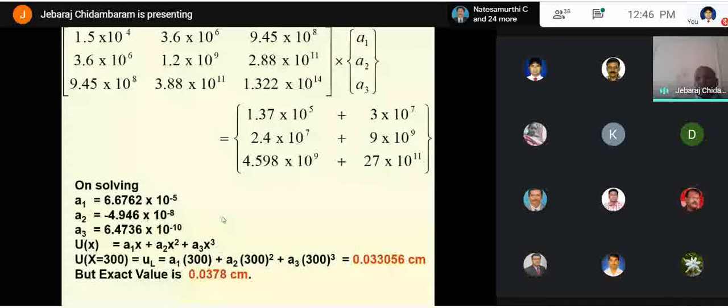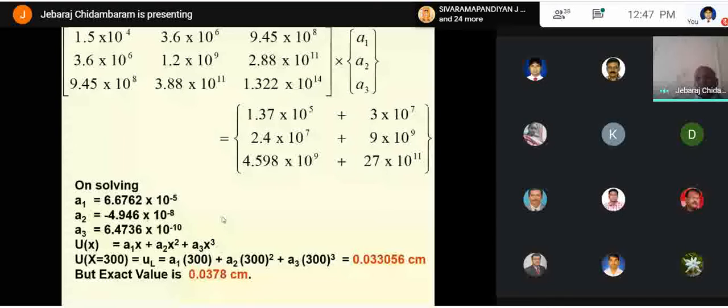But this is the best approximation. If you want to reduce your error, you change the order of the approximation.